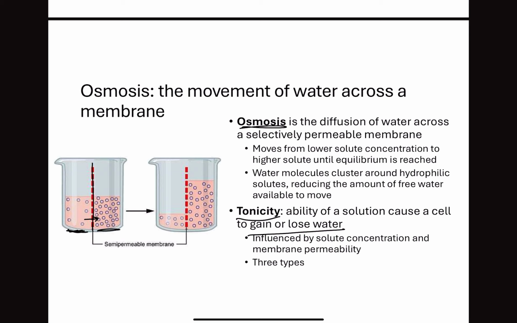And tonicity is going to depend partially on the concentration of the solutes that cannot cross the membrane, and those are called non-penetrating solutes. It's going to be relative to the concentration of the solutes that we find inside of the cell itself. So if we have more non-penetrating solutes in the surrounding solution, water is going to tend to leave the cell, and vice versa. So we have 3 different types of tonicity.